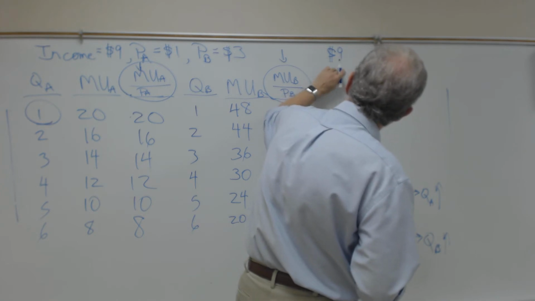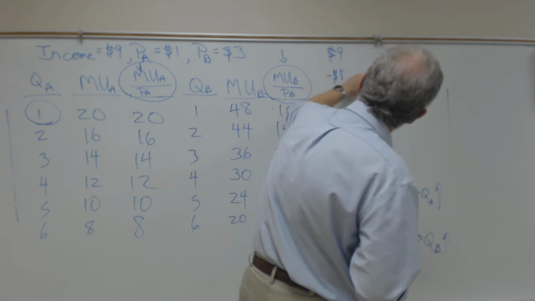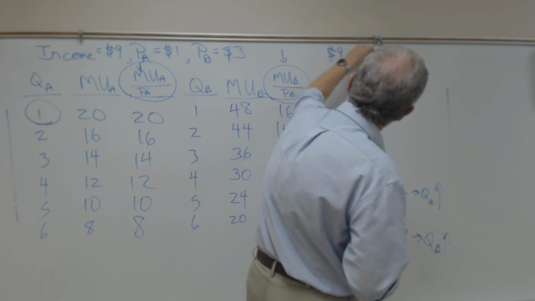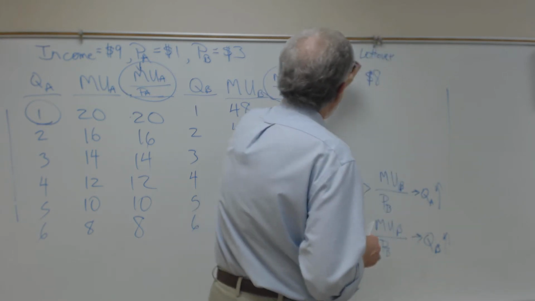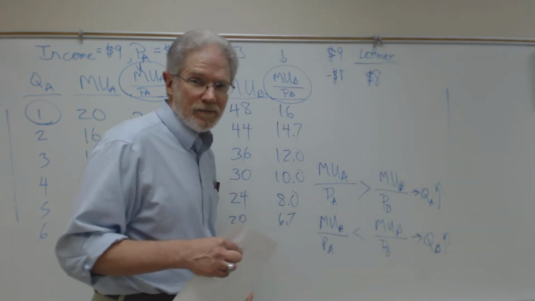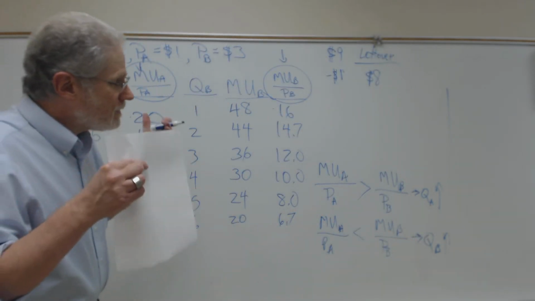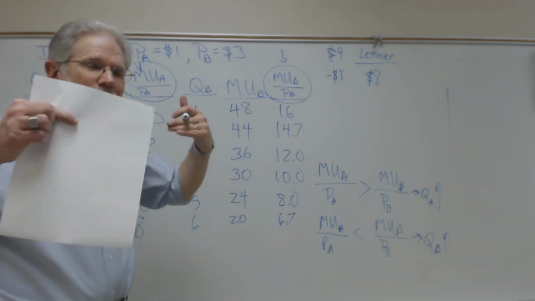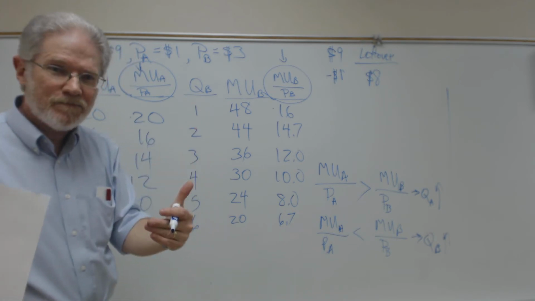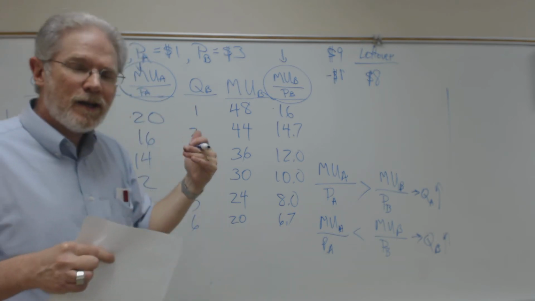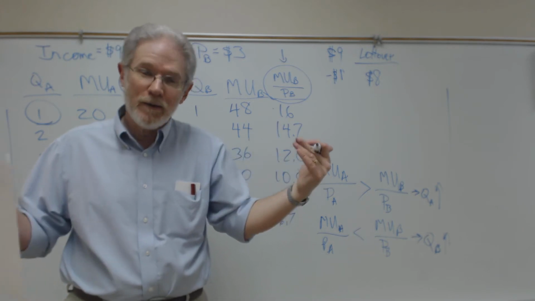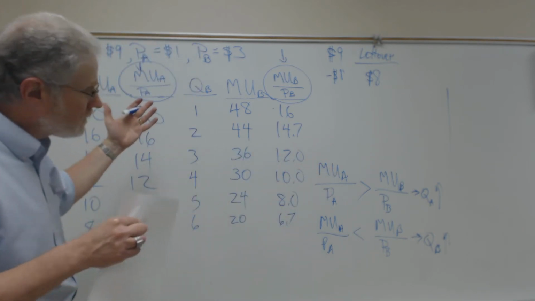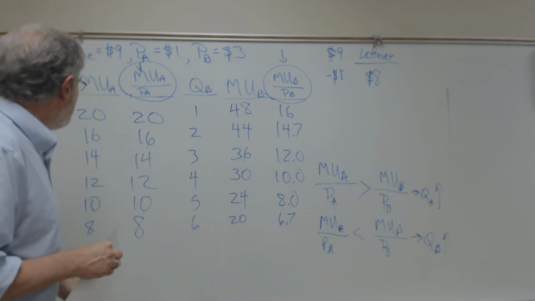And that means he has $8 left over. What do we do now? We follow the same process. We just keep doing the same thing, asking where should I spend the next dollar, and we keep doing that until he's spent all his money, and then we stop. Okay, that's the whole model.